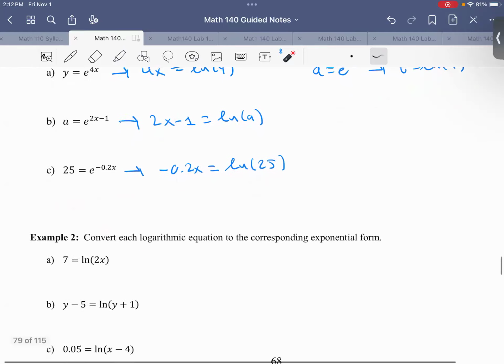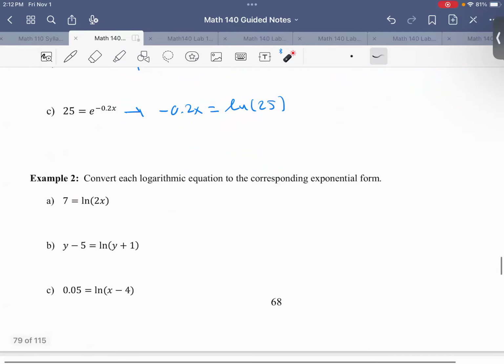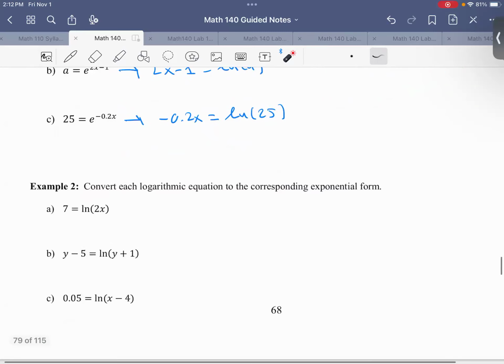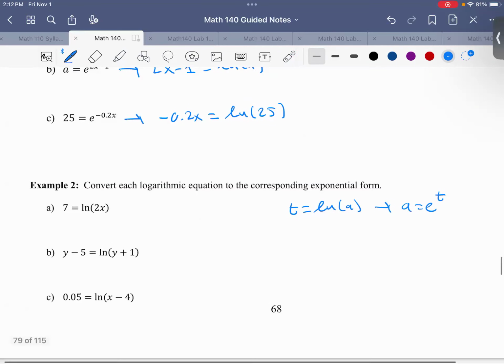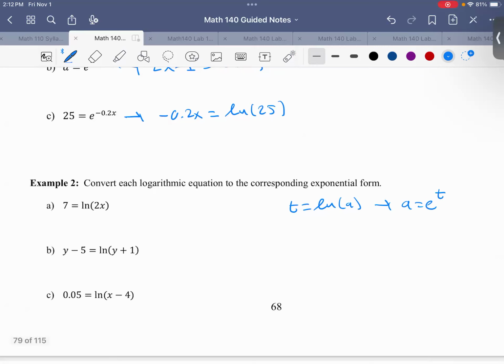So what if we want to convert a natural log to an exponential form? So in this case, we are going from t equals natural log of a to our exponential form a equals e to the t. So for this first one, whatever's inside the natural log goes on the left-hand side, so 2x.